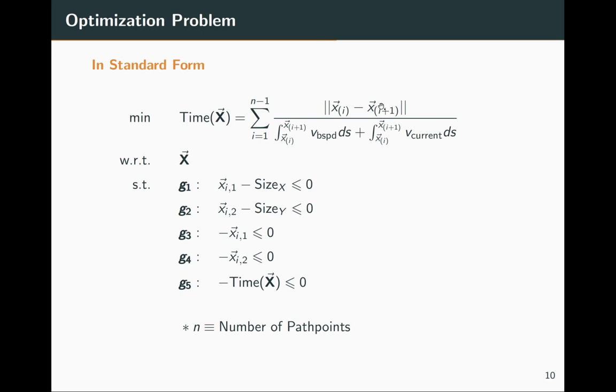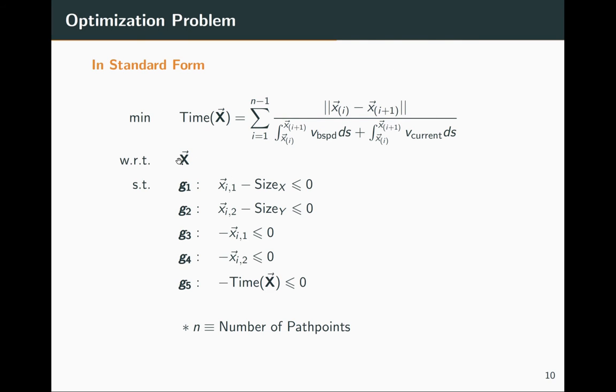Distance on the top is the length of each little path vector, and the bottom is our rate. We have a line integral here, which is the contribution of the boat speed, plus the current contribution. Now, it could be a positive contribution: the current could be pushing us where we want to go, or it could be a negative contribution, a detriment, taking us away from point B, which is where we want to go. So that's the short and simple version of what that equation represents.